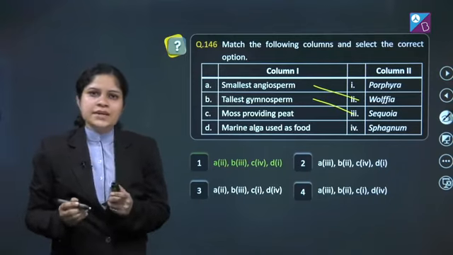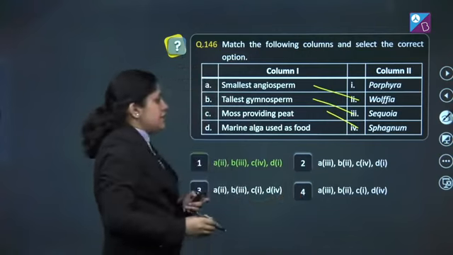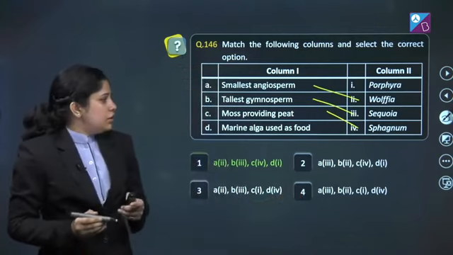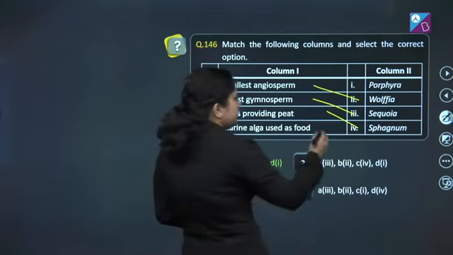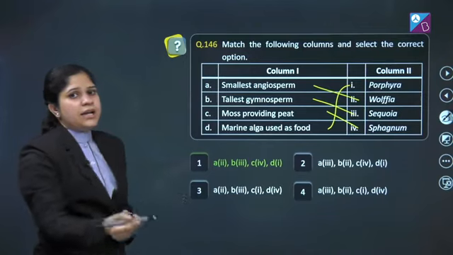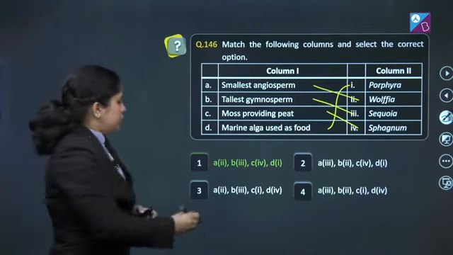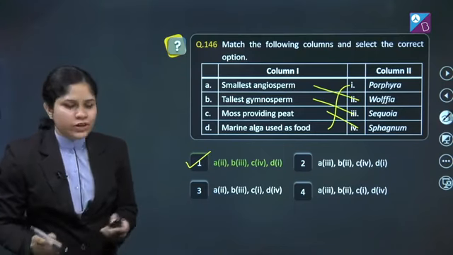The answer would be Sphagnum. D. Marine alga used as food. Answer is Porphyra. So if we analyze all the options, the correct option would be option number 1. Let's proceed to the next question.